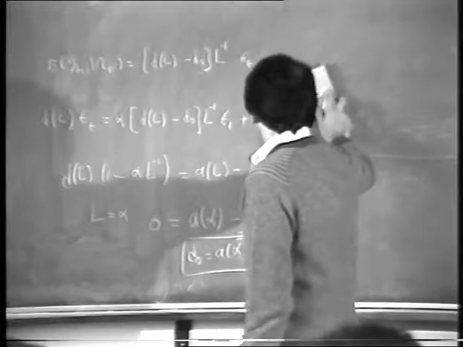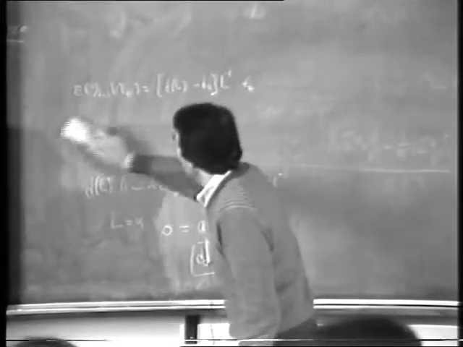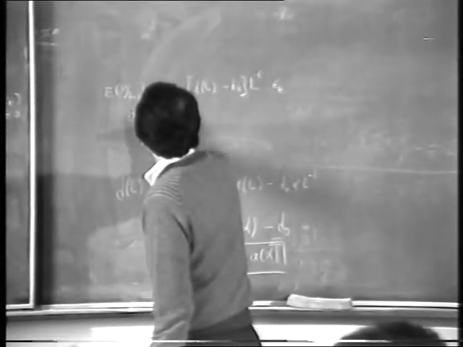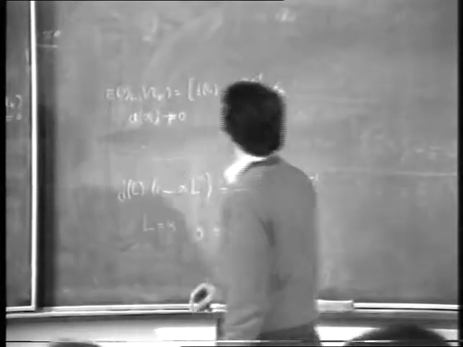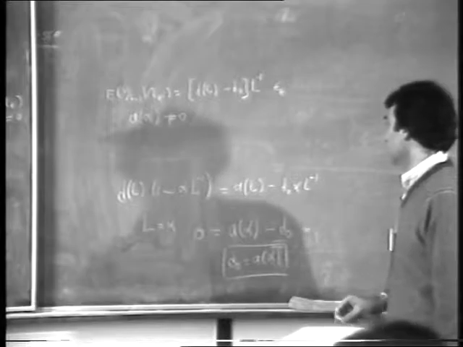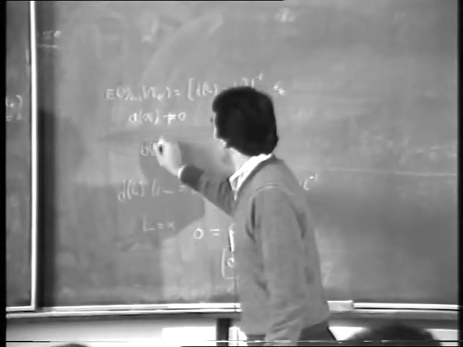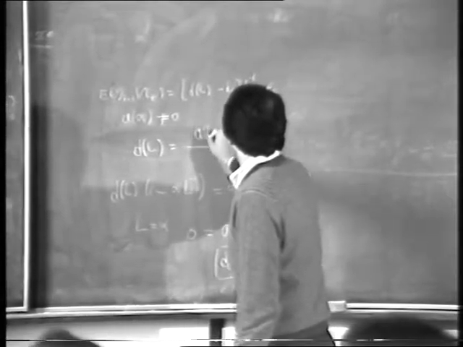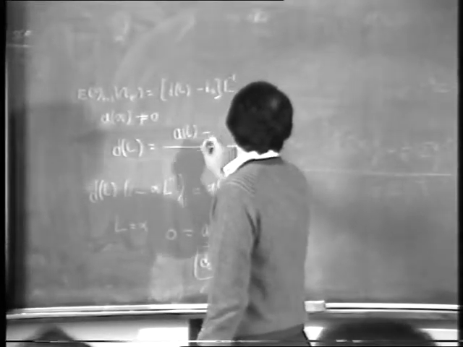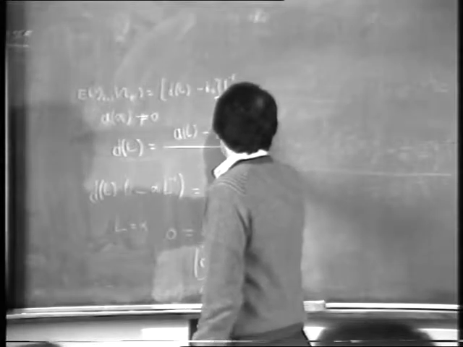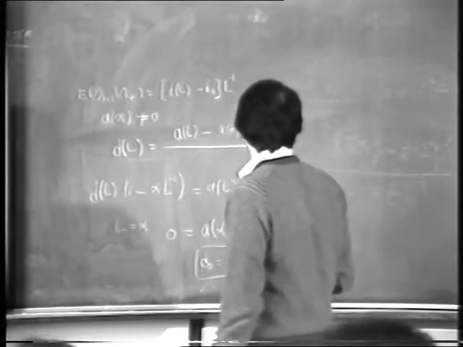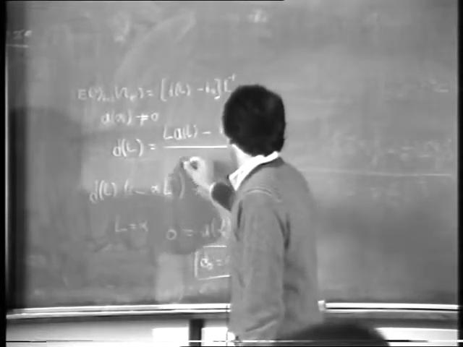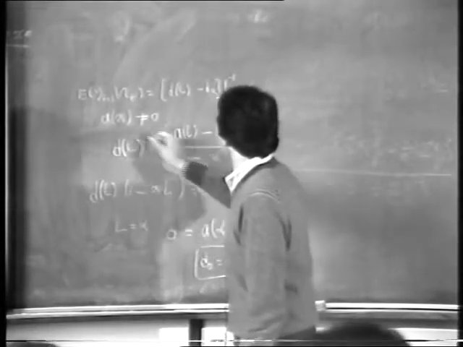And if we set d naught equal to A(alpha), on the condition that A(alpha) is non-zero, d(L) becomes equal to A(L) minus A(alpha), and then multiply both sides by L. Then we get L minus alpha.